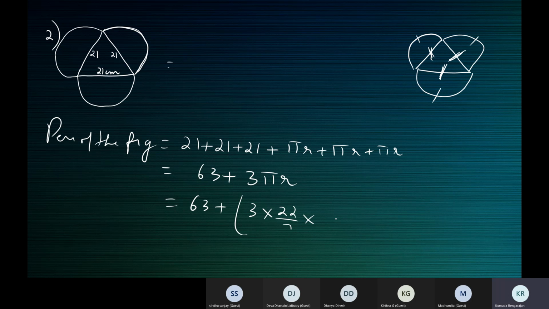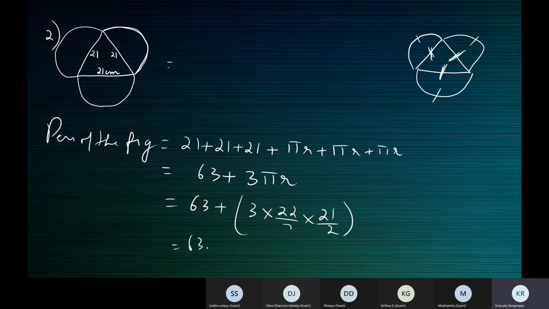Okay, what's the diameter? The diameter is 21 centimeters. Divide by 2. What is that? 21 by 2. Yes, so 3 into 22 by 7 into 21 by 2.